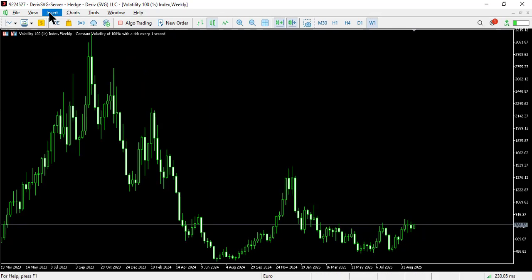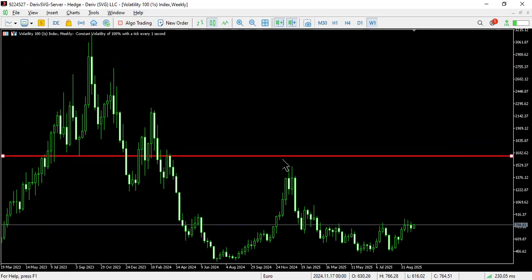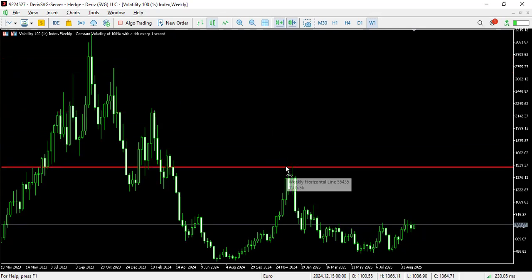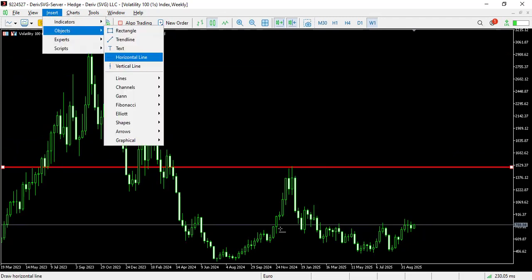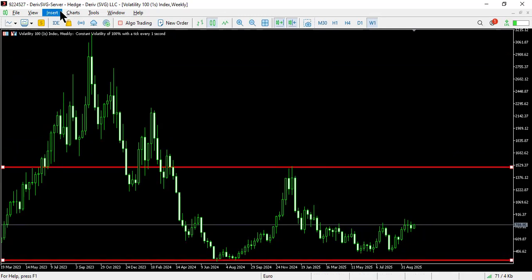Let me use a trend line for this. Straight line. So that is the supply, and then we have our demand right there.